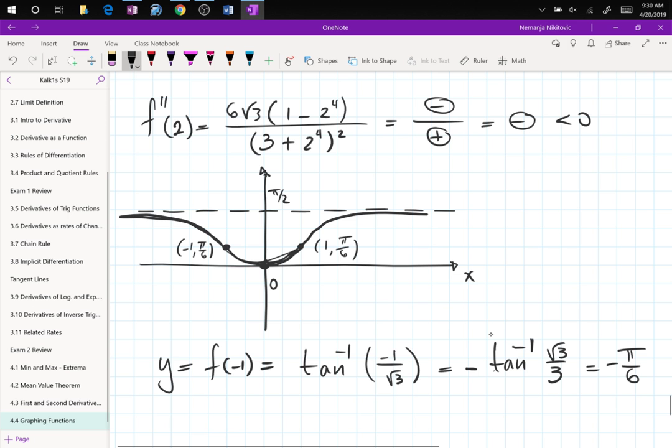Okay, let's see. Desmos will do the arctangent of x divided by square root of 3. Oh no, it was x squared, right?